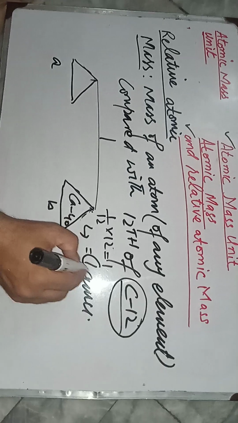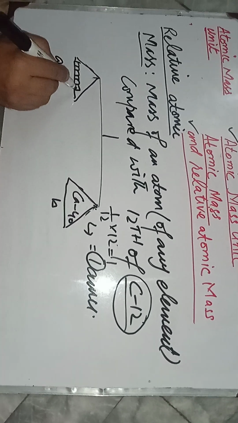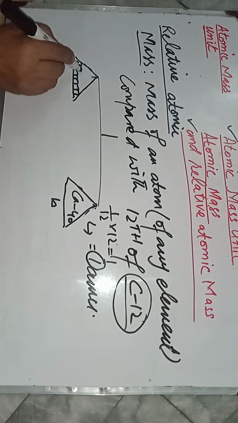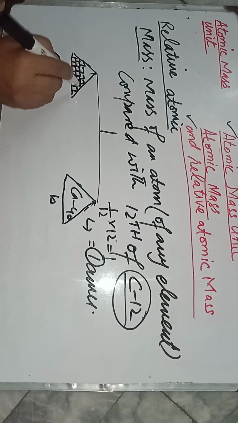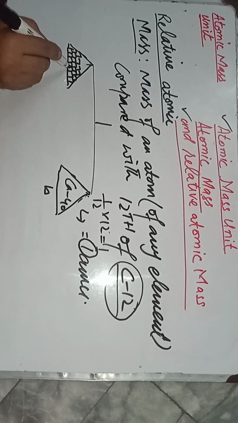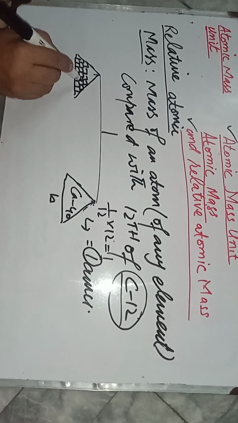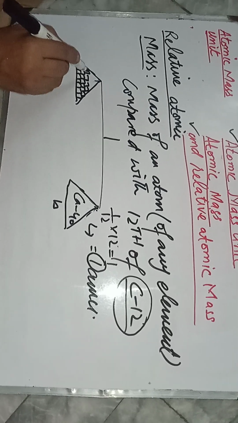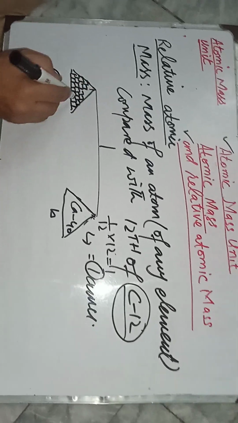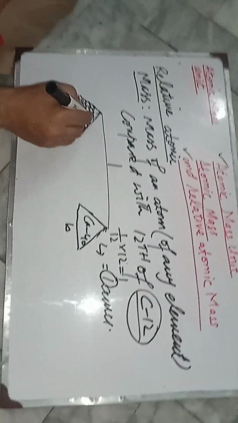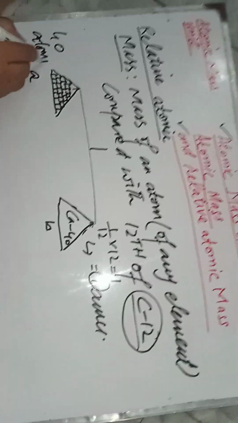There will be 40. 1, 2, 3, 4, 5, up to 20, and this way, which cannot be drawn here, but the 40 atomic mass units will be placed on the other side.